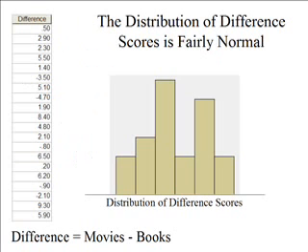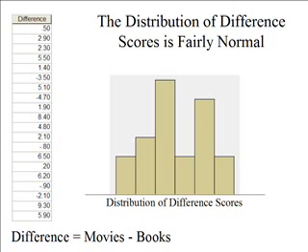Another thing that we could do is use SPSS to calculate the difference between the amount of time people spend watching movies and the amount of time that they spend reading books. We could have SPSS create a column for us of those difference scores, and then actually take a look at the histogram for those difference scores. I'm not going to go into how you go about doing this because people rarely do this third check of the requirement.